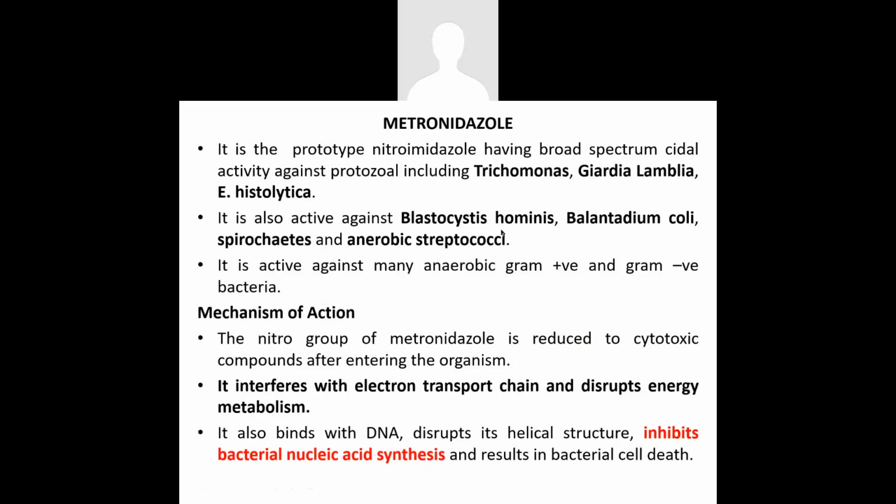Also, we have Blastocystis, Balantidium, spirochetes, and anaerobic streptococci. Also, it has activity against many gram-positive and gram-negative anaerobic bacteria. The mechanism of action of metronidazole: it interferes with electron transport and disturbs energy metabolism. Also, it inhibits nucleic acid synthesis by binding to the DNA, disturbing the helical structure, and resulting in cell death.